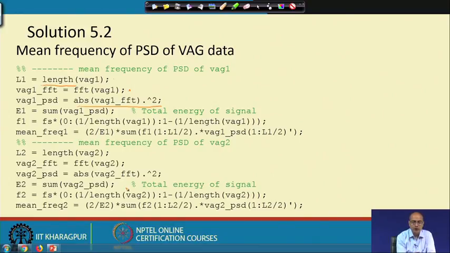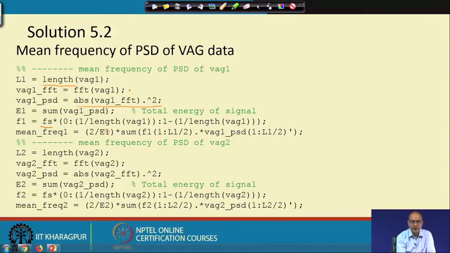First we concentrate on the part multiplying with the frequency Fs, and here we are taking from 0 to the length of the VAG, that is, 1 minus, the total length would be 1.